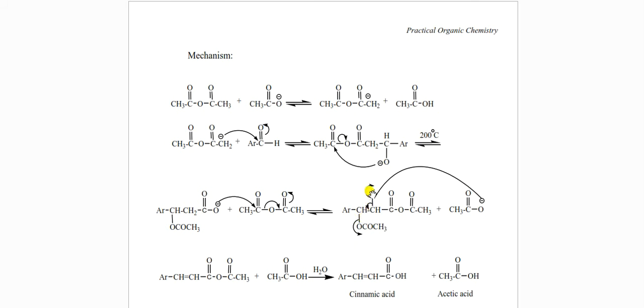Now this material will give acetic acid, and the other part will give cinnamic anhydride, an alpha beta unsaturated anhydride.